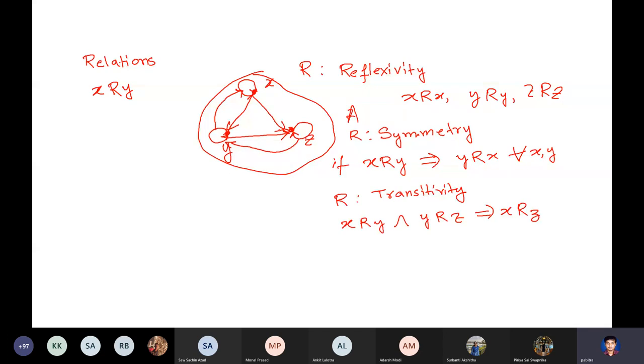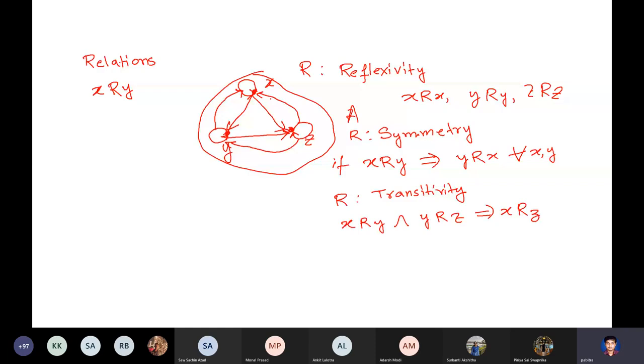And by symmetry, they may hold independently, but if all three of them hold, then I also have this.